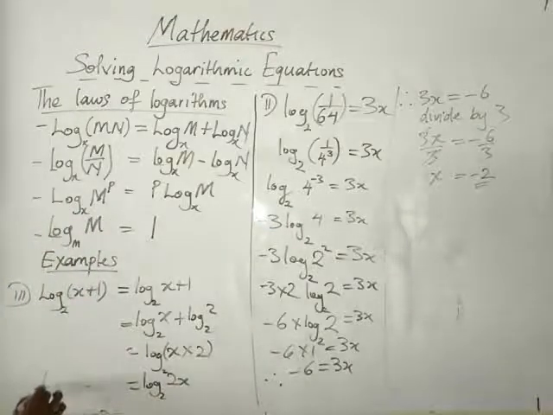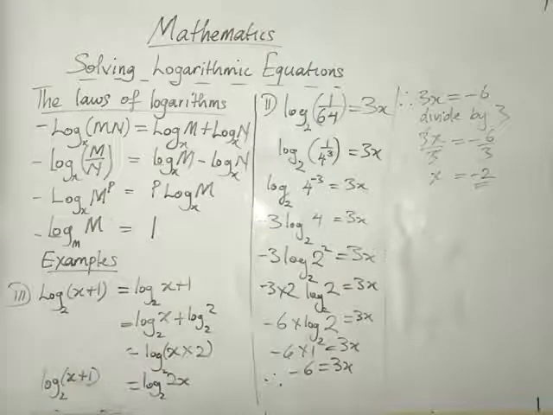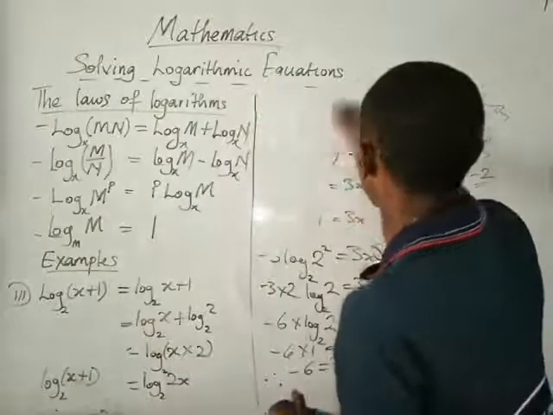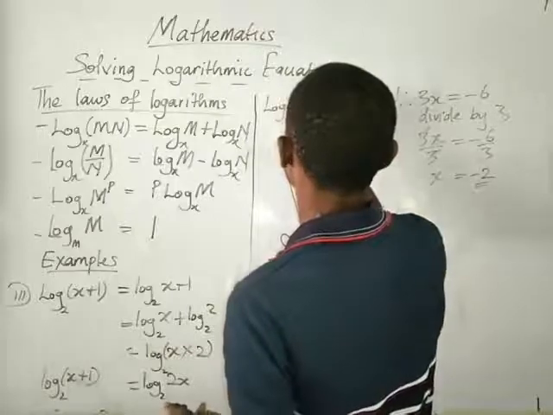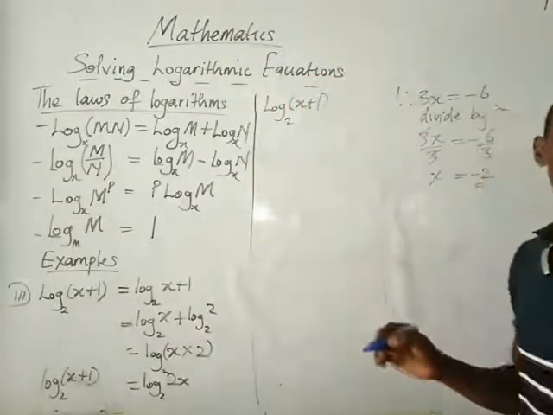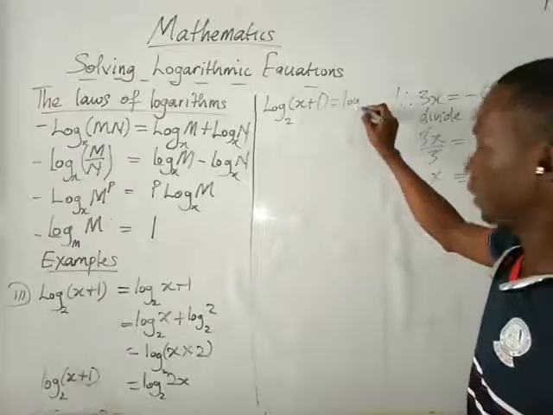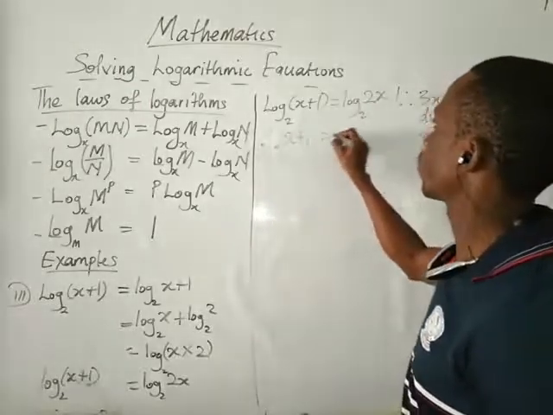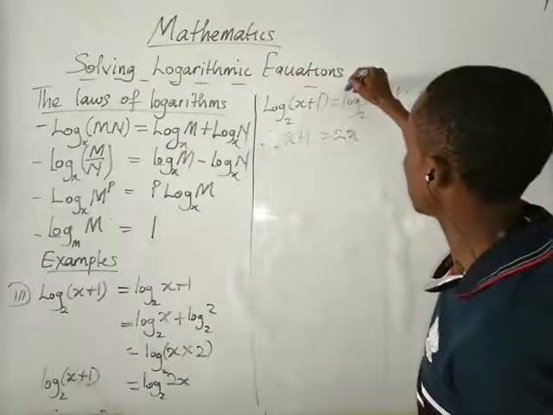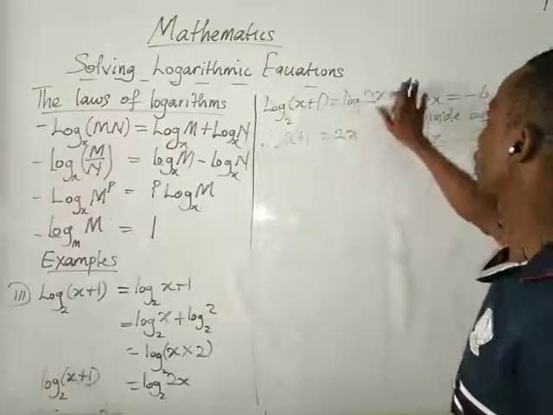So I have my log x plus 1 to base 2 equal to my log 2x to base 2, which justifies that x plus 1 equals 2x, as this is showing an expression indicating this value equals this value.